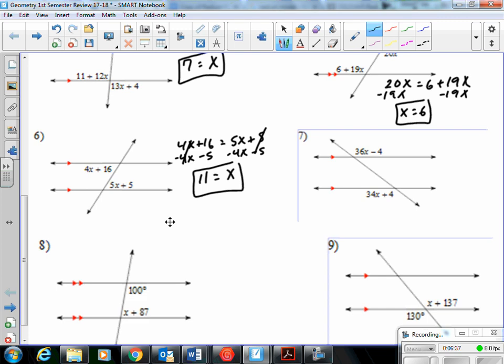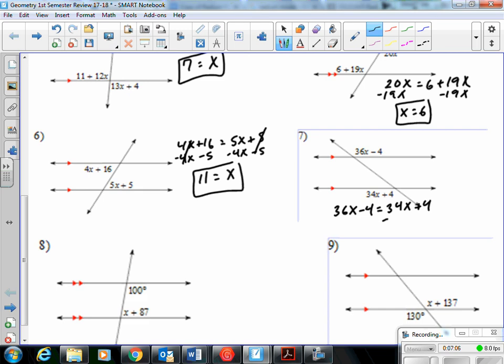Number 7, we're outside the 2 lines, but on different sides of the transversal. So these are called alternate exterior angles. And alternate exterior angles are congruent if the 2 lines are parallel. So once again, set them equal. 36x minus 4 equals 34x plus 4.